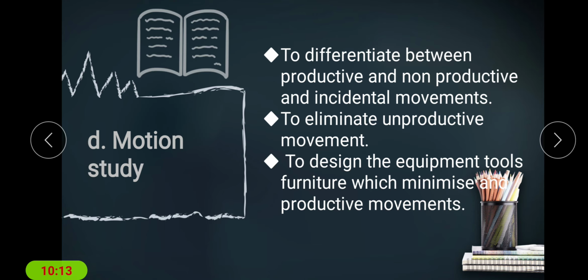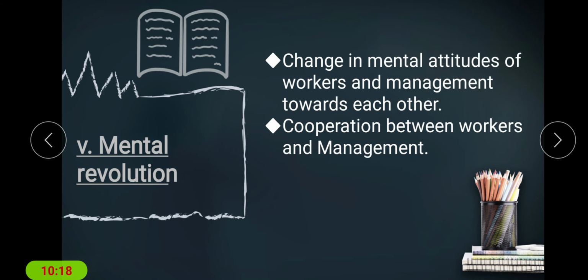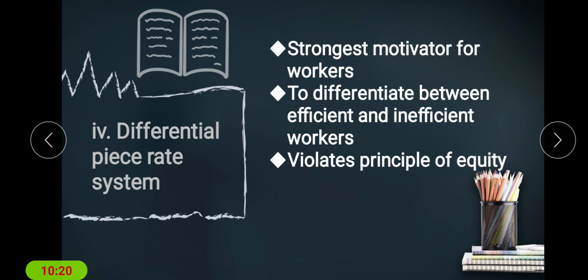Now let's see the next technique of scientific management, that is the differential piece wage system. As we know, financial incentives such as salary and wages are the strongest motivator for workers, as they provide maximum satisfaction to the employees, and employees always try to do their best if they get satisfactory salary, wages or financial incentives.